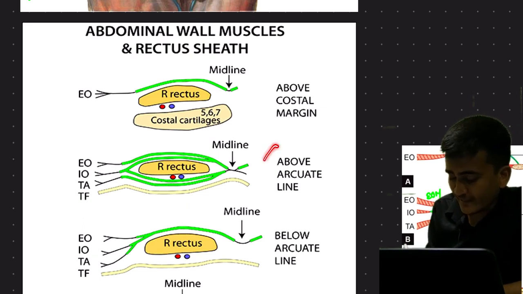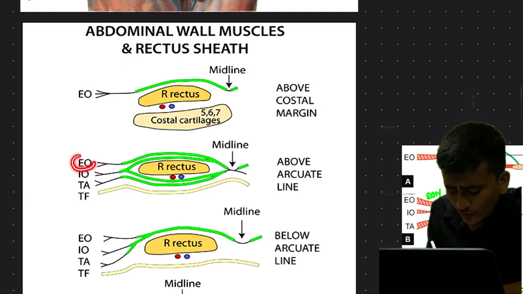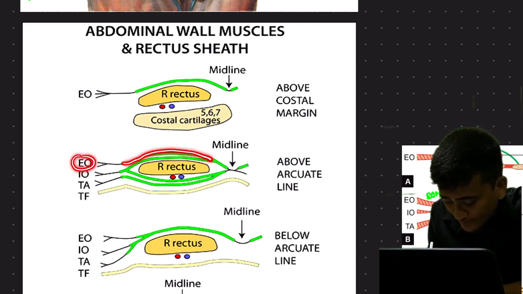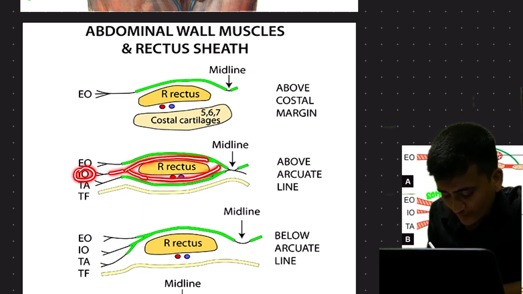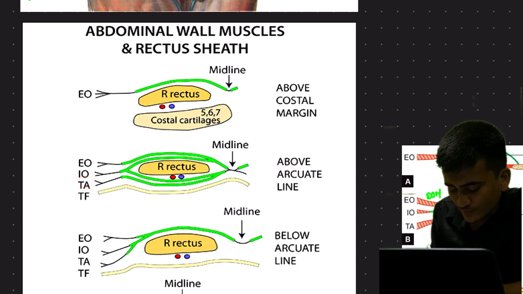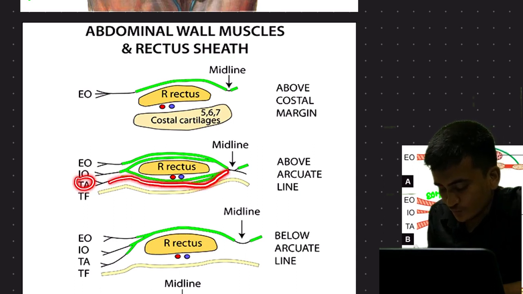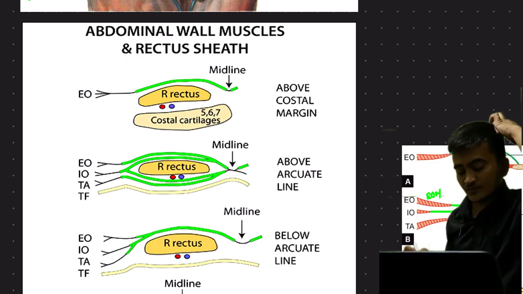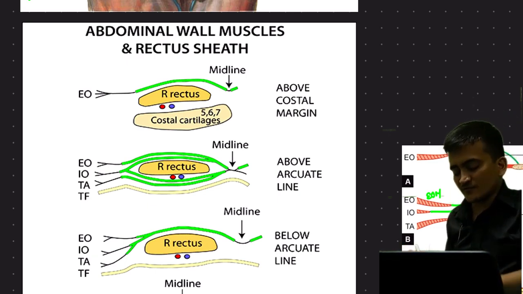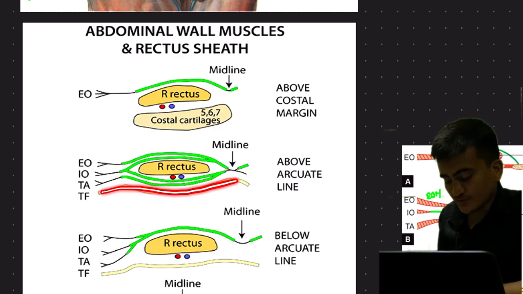Okay, here above the arcuate line, the external oblique muscle was contributing on the anterior surface, the internal oblique muscle was divided into anterior and posterior and contributing to both walls, and the transversus abdominis was just contributing on the posterior surface. And similarly, this transverse fascia is just lying on the posterior surface.